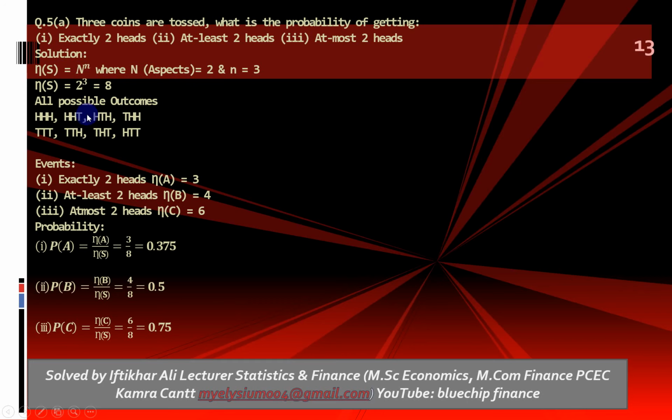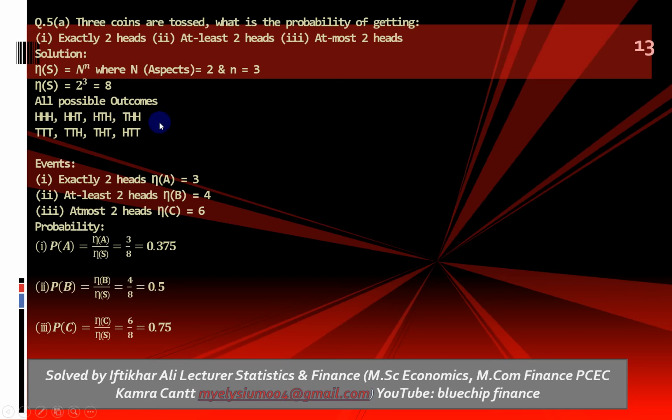This tail should be dragged to the left, and finally tail, head, head. In this row just change the head with tail or tail with head. So these are the 8 possible outcomes.